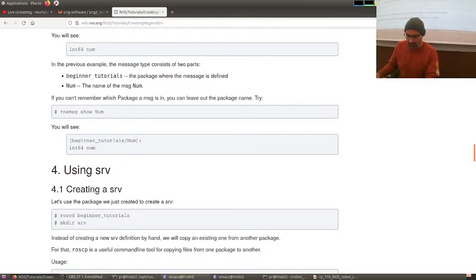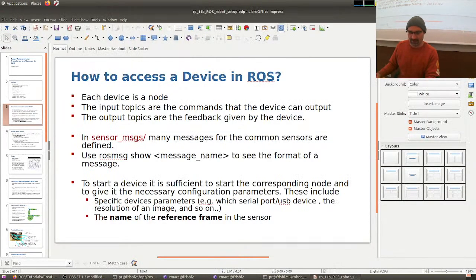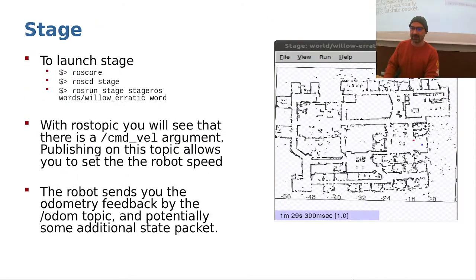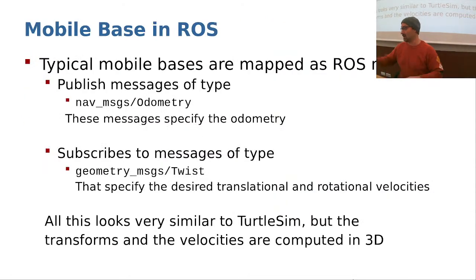Now, going back to the list. As I was saying, how to access a device in ROS: the mobile base, like the one those in class have seen, basically publishes one message, the odometry message. What do you have in odometry? You have the global position of the robot obtained by the odometry integration.